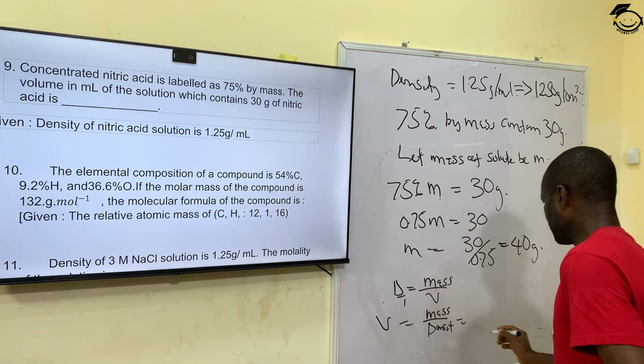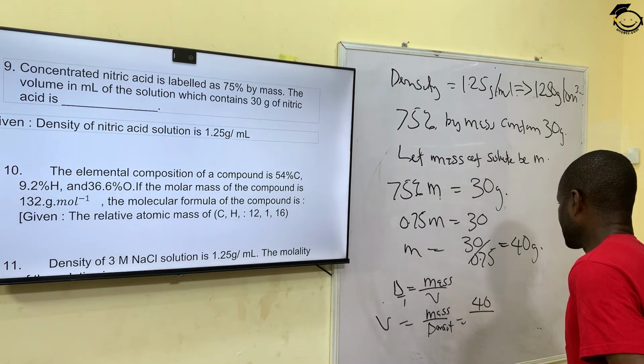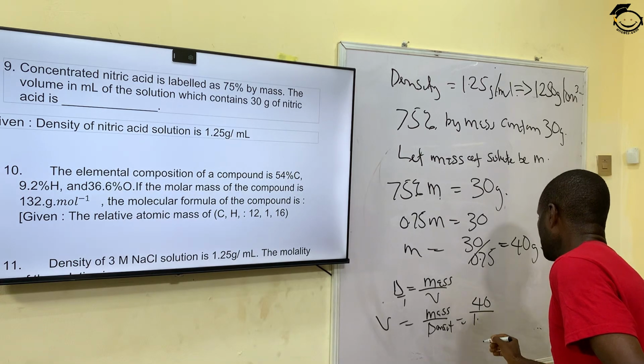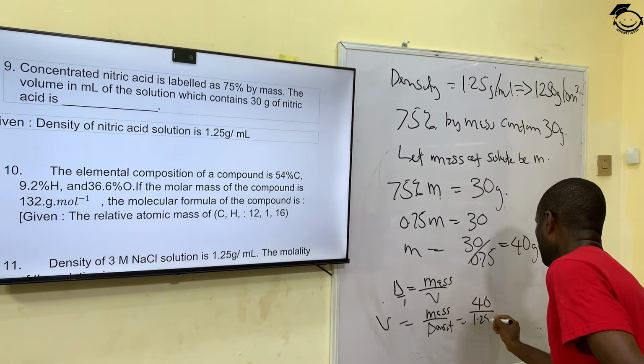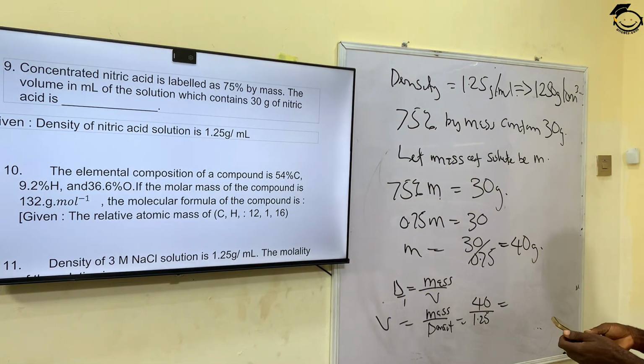So in this case, we have the mass, which is 40, all over density, which is 1.25.